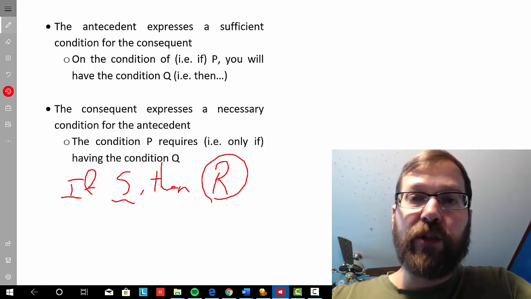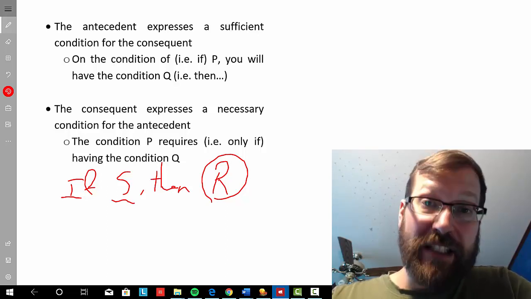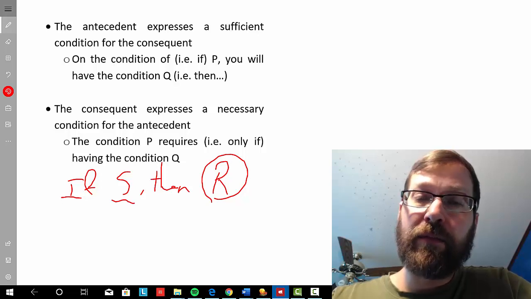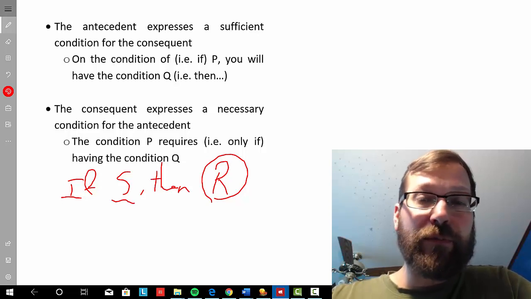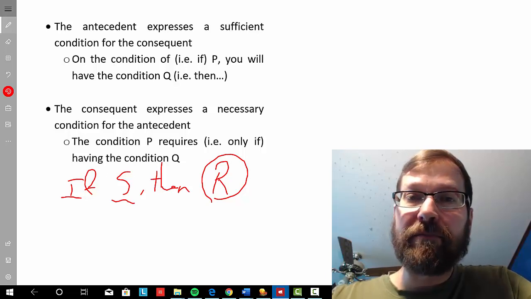So being a reptile is required. It's a necessary condition for being a snake, because snakeness guarantees reptileness. So if you don't have reptileness, you don't have snakeness.